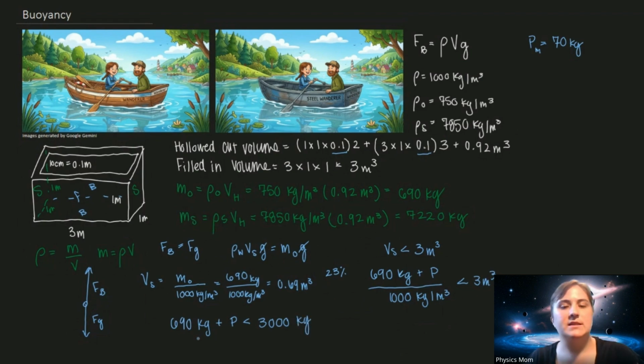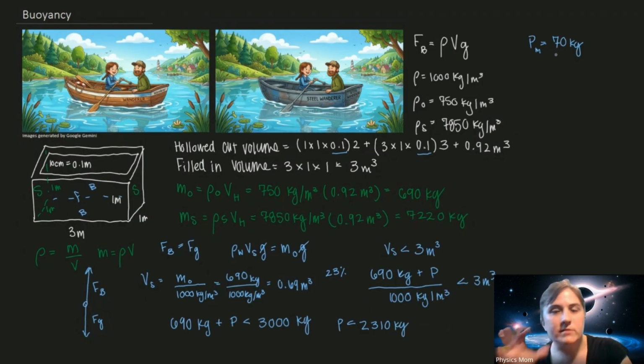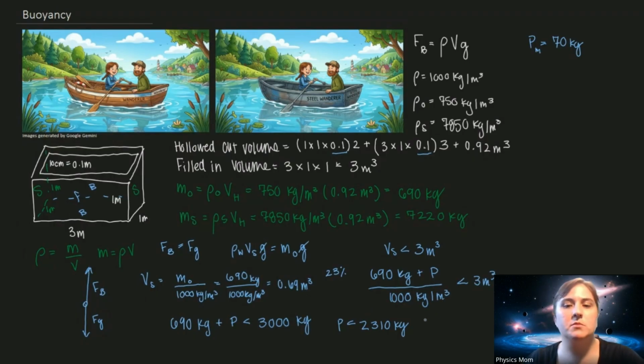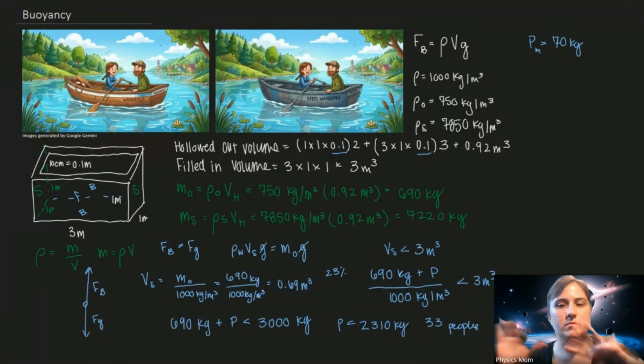I'm going to subtract the 690, so I get the passengers collectively need to be less than 2,310 kilograms. If I divide that by 70 kilograms a person, give or take, again, this is theoretical, I can fit approximately 33 people before this starts to sink, right?